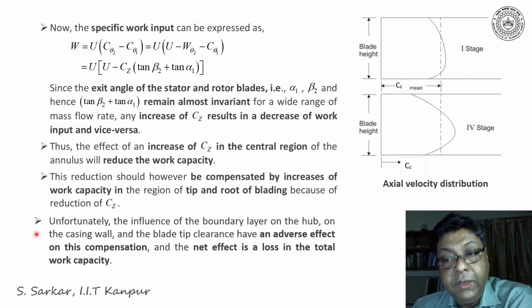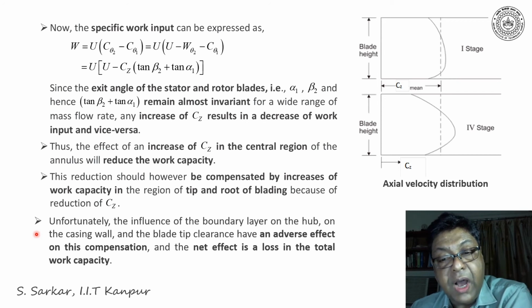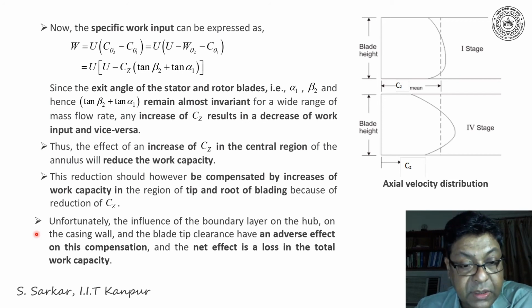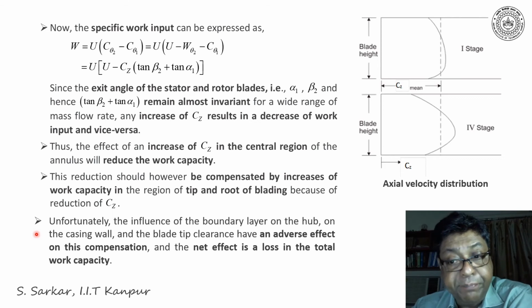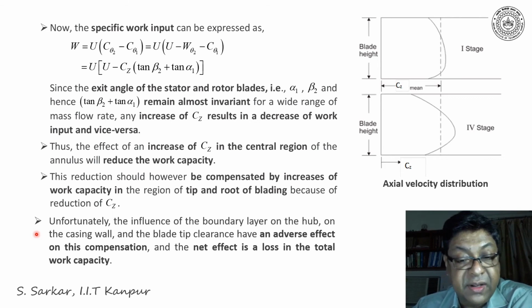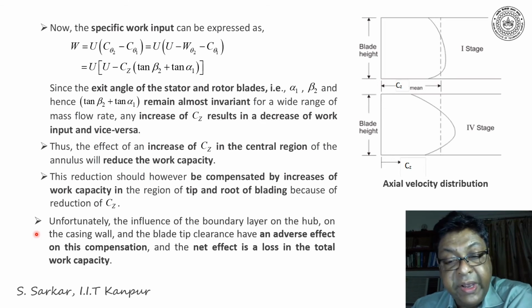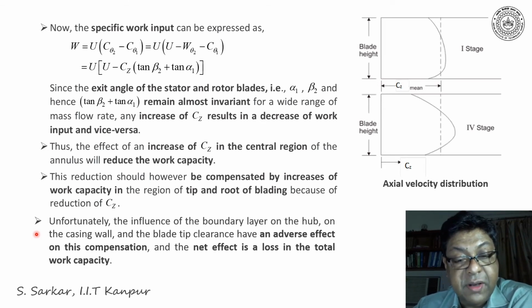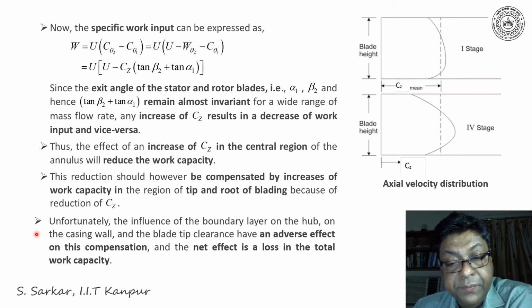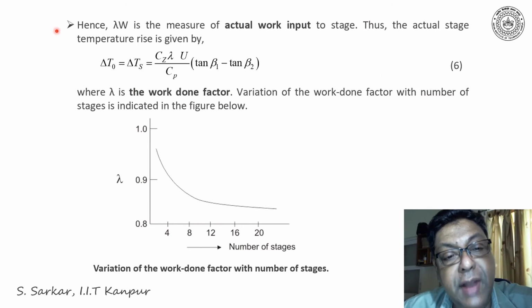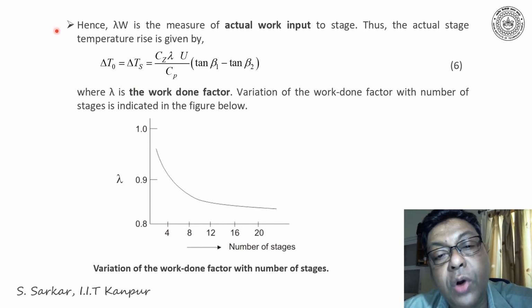Unfortunately, the influence of boundary layer on the hub and the casing and the tip vortex that is produced because of tip clearance have an adverse effect on this compensation process, and the net effect is a loss in the total work capacity. Hence, lambda into W is the measure of actual work input to the stage.